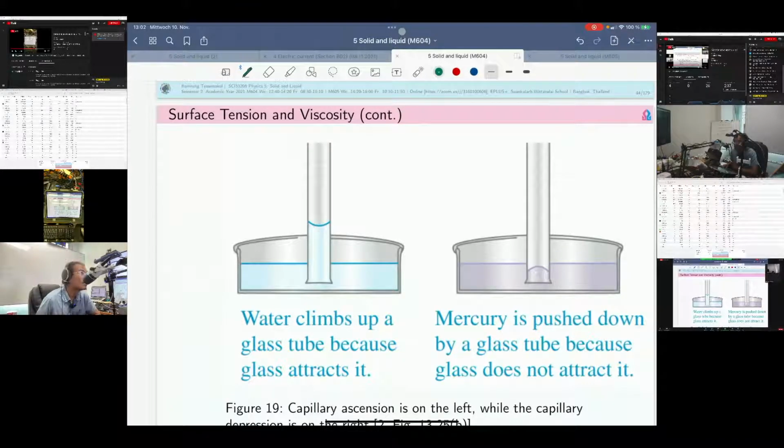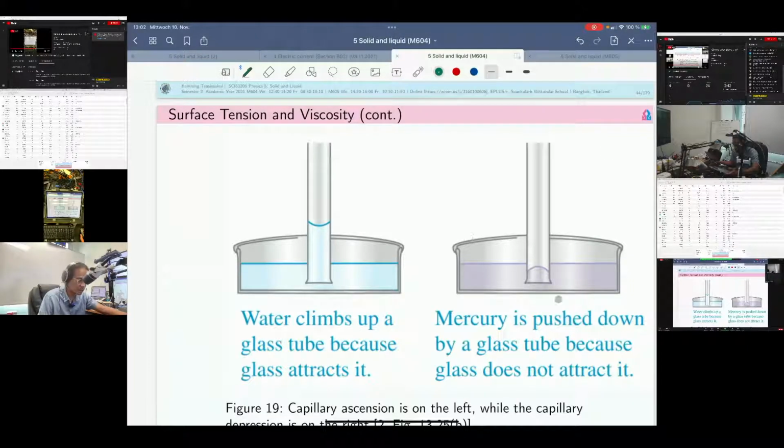And in the opposite way, we consider the opposite case on the right side, right? It's mercury. Mercury behaves in a different way. Mercury doesn't rise above the level of the mercury surface in the big container.